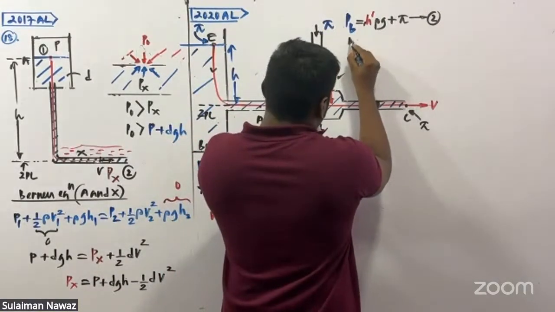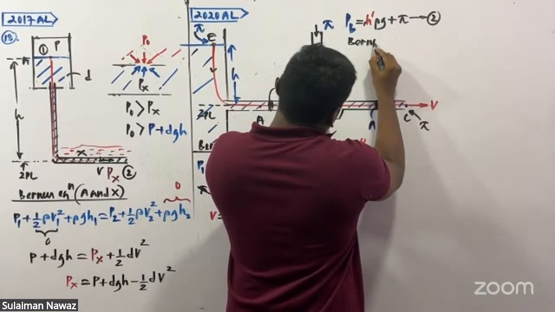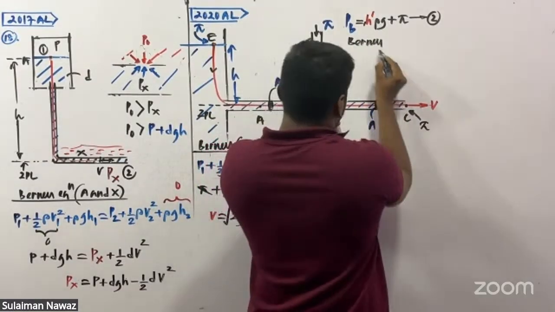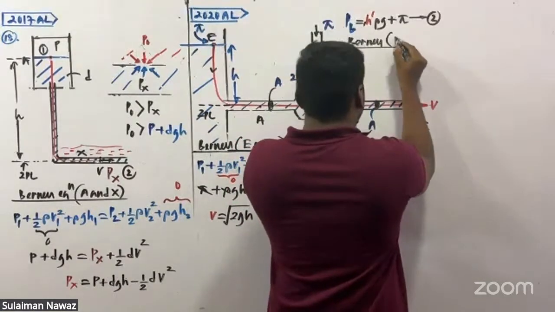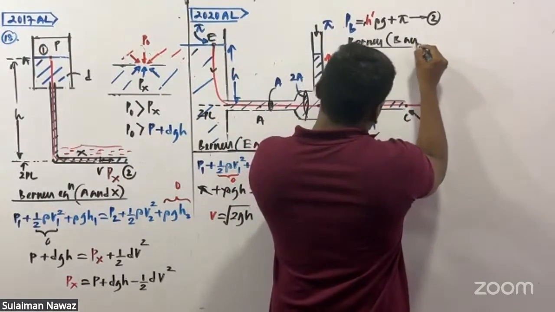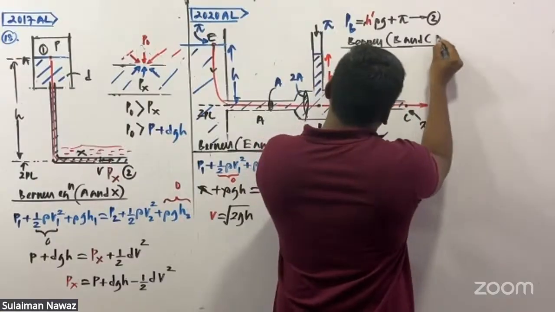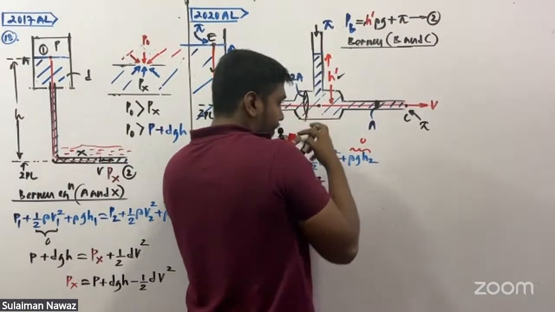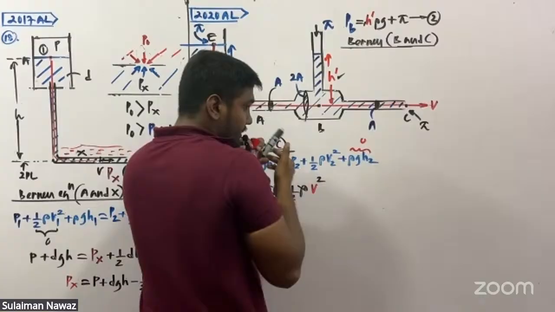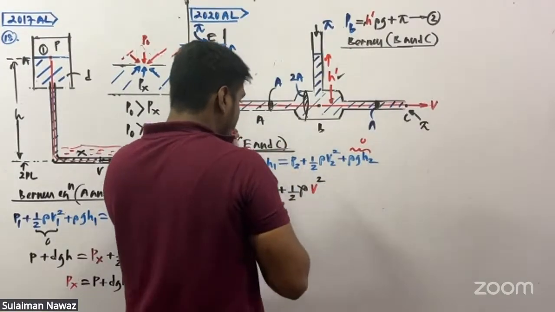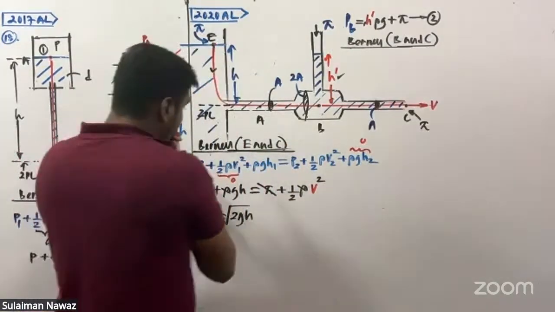So if I apply Bernoulli's equation for point B and C, look here.